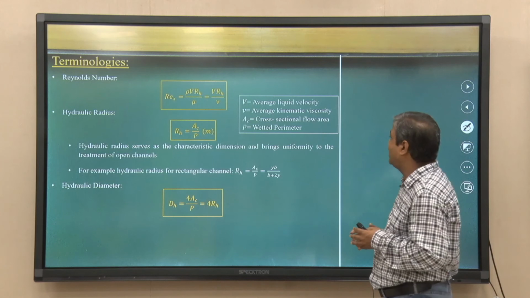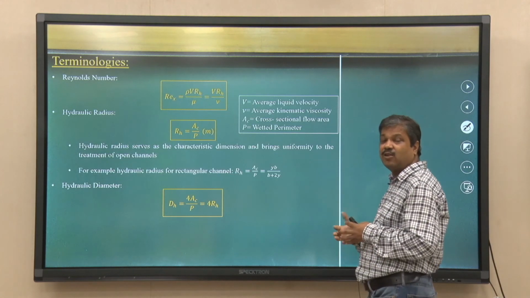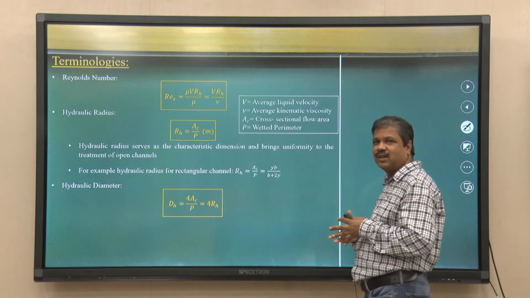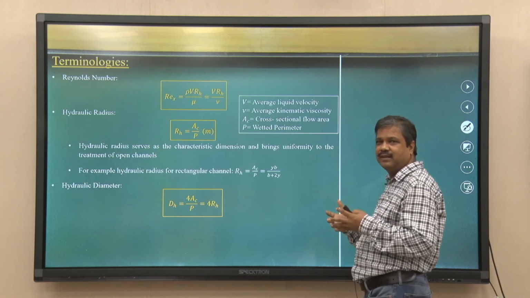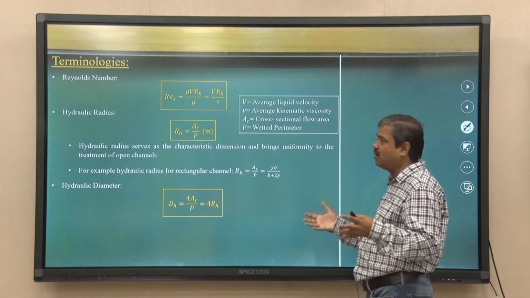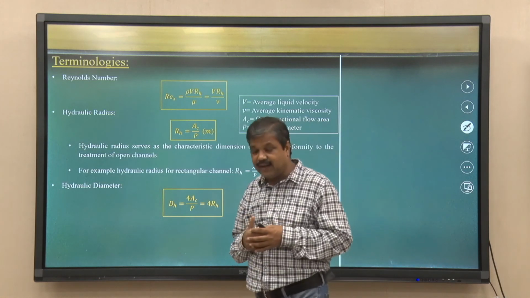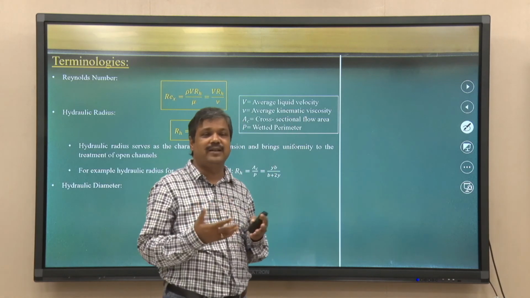One is called hydraulic radius, because as I am sketching these different cross sections, in pipe flow you may have circular or square pipes, but in natural rivers, different canal structures or drainage structures, we need a hydraulic radius concept.